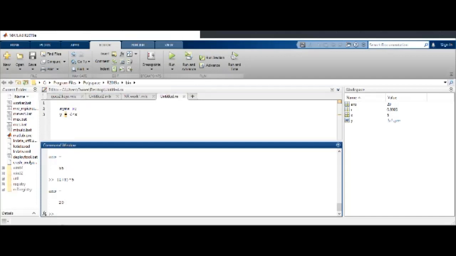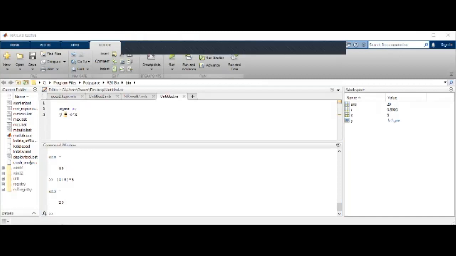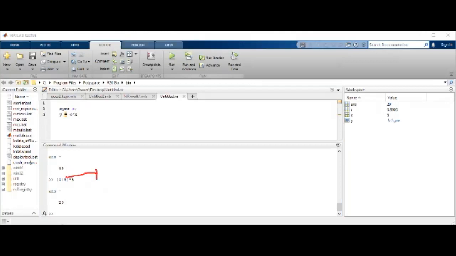It will first add this side, which is 1 plus 3, and arrive at the answer 4.